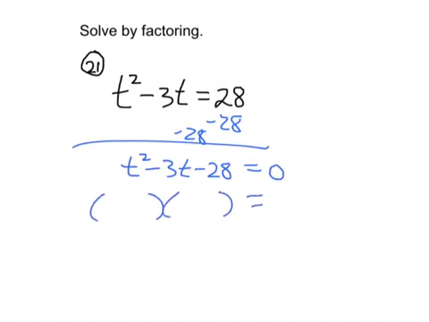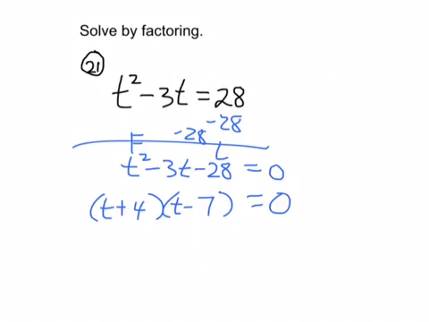So we will factor this as t times t is t squared. Now we're trying to multiply two numbers to get negative 28. So to get the negative, we'll have a positive and negative. And we'll do minus 7 plus 4. It multiplies to get negative 28.